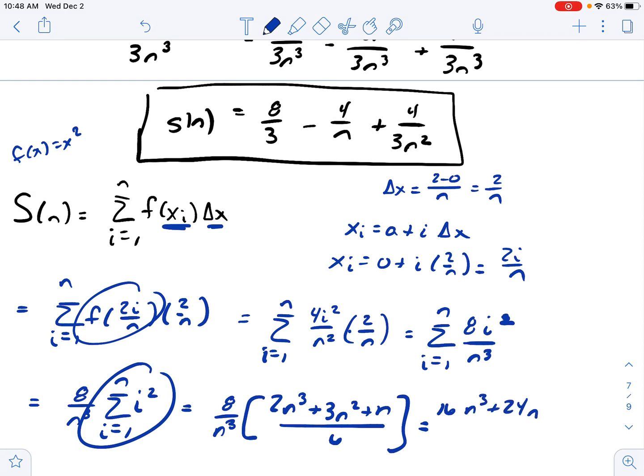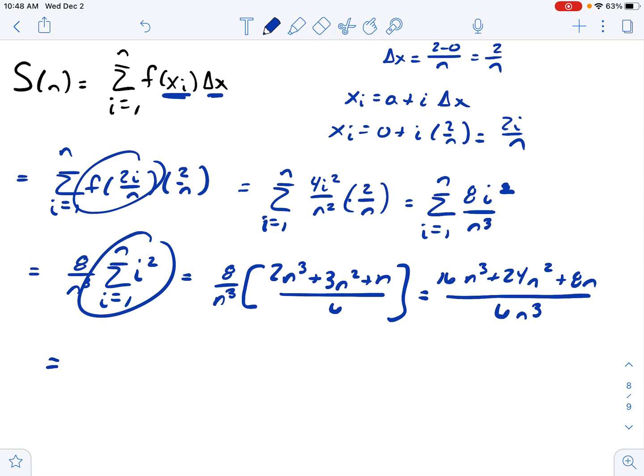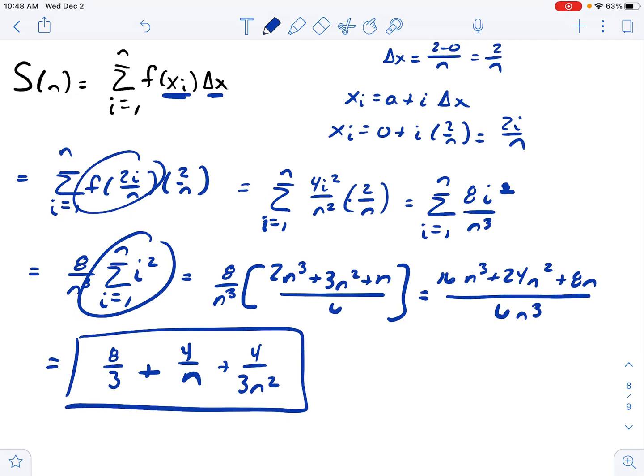Distributing, 16n cubed plus 24n squared plus 8n over 6n cubed, and then simplifying term by term. 16n cubed over 6n cubed is 8 over 3. 24n squared over 6n cubed is plus 4 over n. And 8n over 6n cubed is again 4 over 3n squared positive. And so there now is the general upper sum just in terms of n.